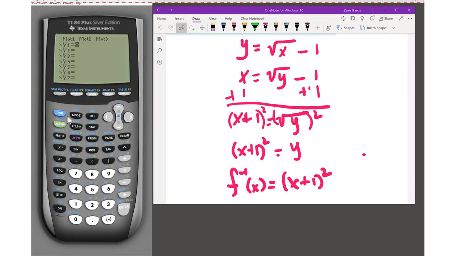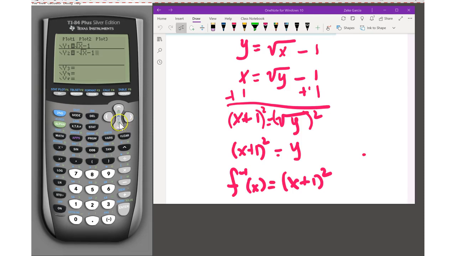The original one was the square root of x minus, common mistake, minus 1. And then we have negative square root of x minus 1.